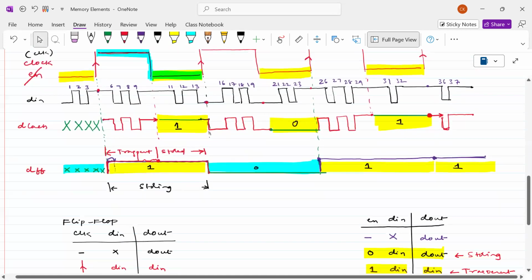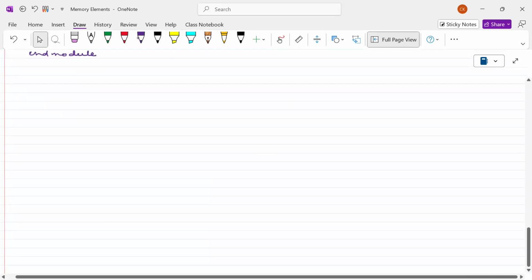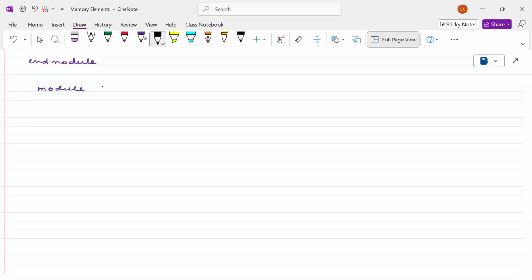How to start this particular test bench? Module D flip flop underscore test. Reg clock comma DIN. Next, wire, sorry, Y, right?